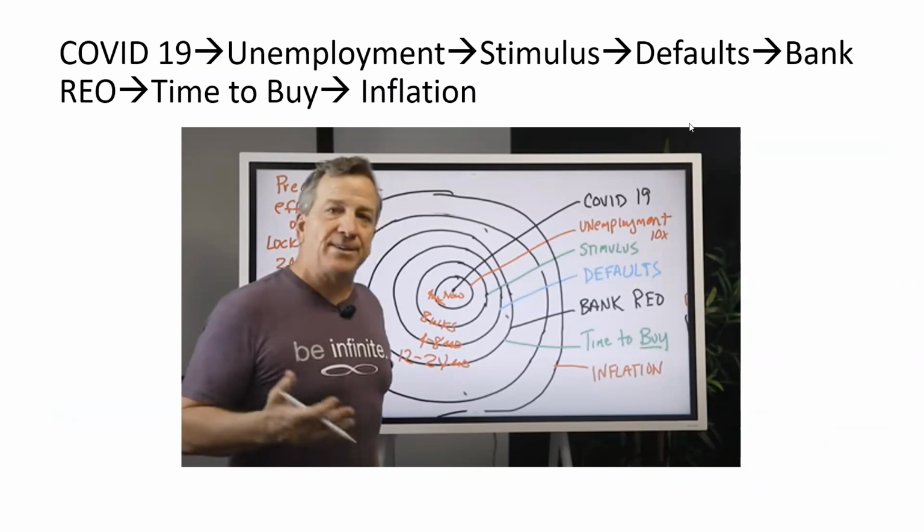This stuff takes a while to go through the defaults and then the banks putting out their REOs and that impacting pricing. That's where Ken has his projection at that 12 to 24 months. We've only been a month, 2 months into this thing, so I think it's going to take that long for the banks to foreclose and put that stuff back on the market.